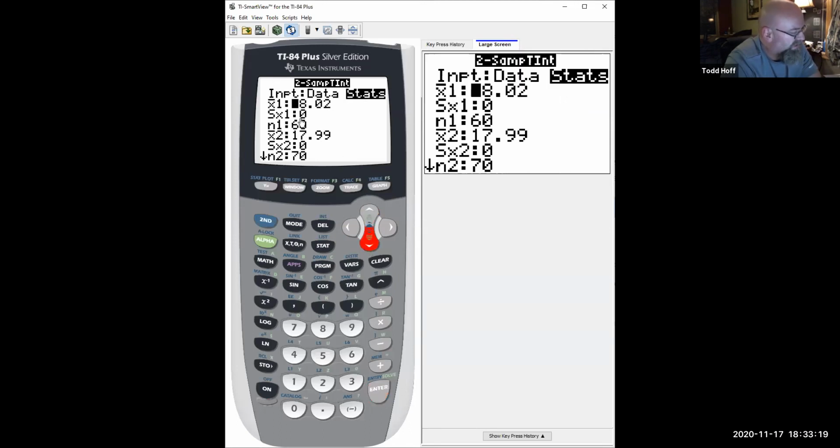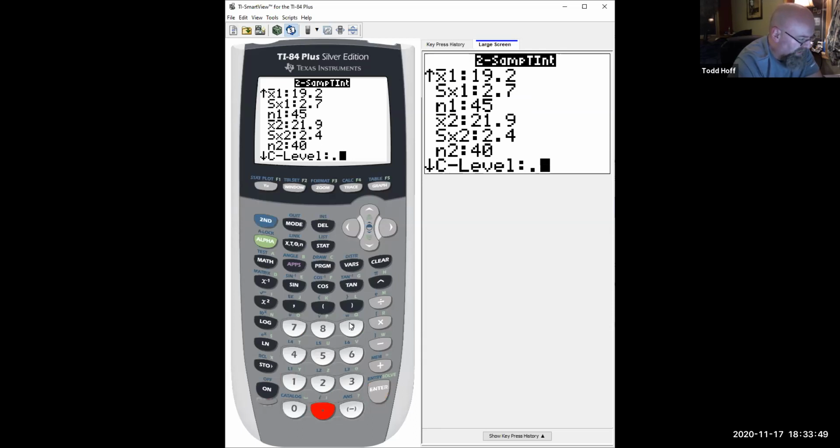Using our stats, our first mean is 19.2, with a standard deviation of 2.7 and a sample size of 45. Second mean was 21.9 with a standard deviation of 2.4 and a sample size of 40.